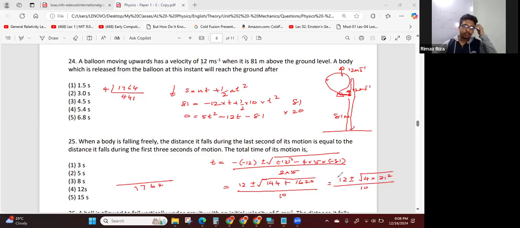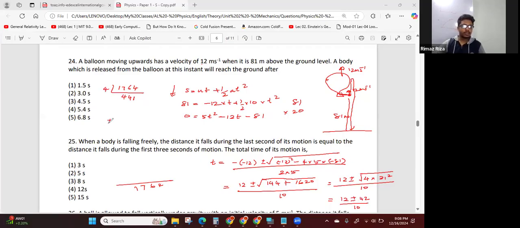So this is equal to 12 plus or minus, and 4 is 2 squared, so 2 into 21 is 42, all divided by 10. So we get two solutions.